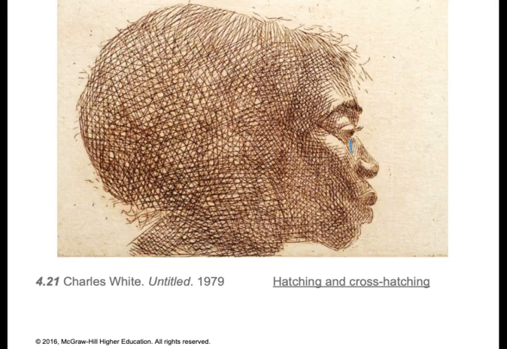So like right here, do you see this area? That is where you could see some hatching. You have these lines that go parallel to one another, like that. Okay, there's a little bit of hatching here.